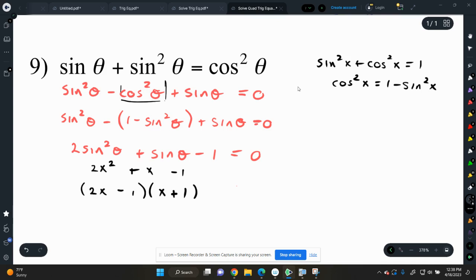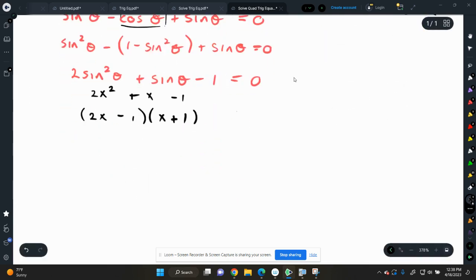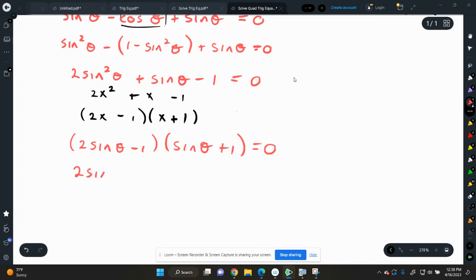So this is going to factor as 2 sine theta minus 1 times sine theta plus 1 equals 0. So we have 2 sine theta minus 1 equals 0, and sine theta plus 1 equals 0.